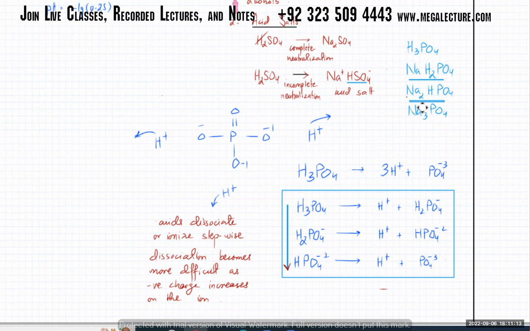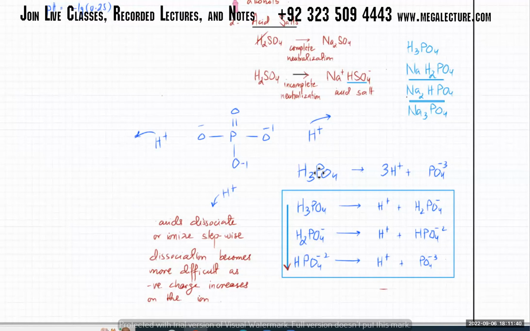So ये सब हमने discuss किया था, and I told you that whenever you have a diprotic or a triprotic acid, these are acids that can release more than one H plus 1 ions. Just like H2SO4 that is a diprotic acid. H3PO4 that's a triprotic acid, या इसको tribasic भी कहते हैं. ठीक है, it can release 3 H plus 1 ions.